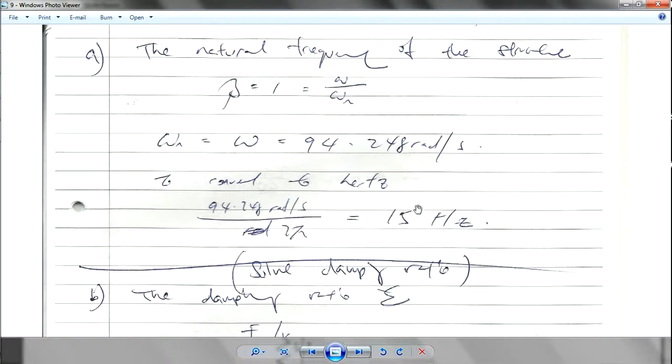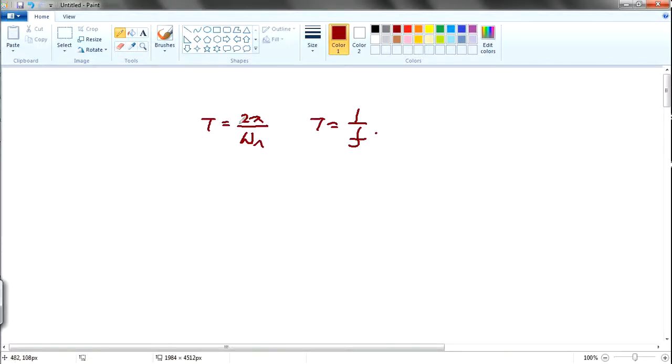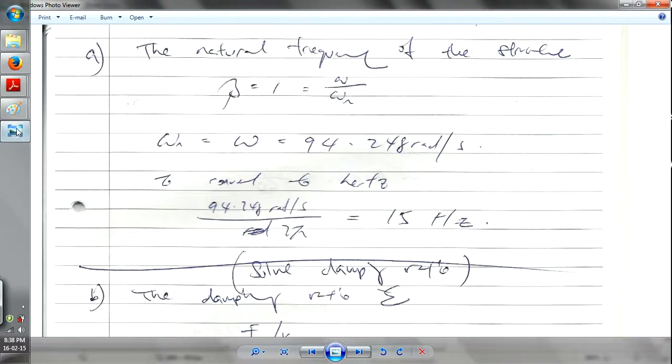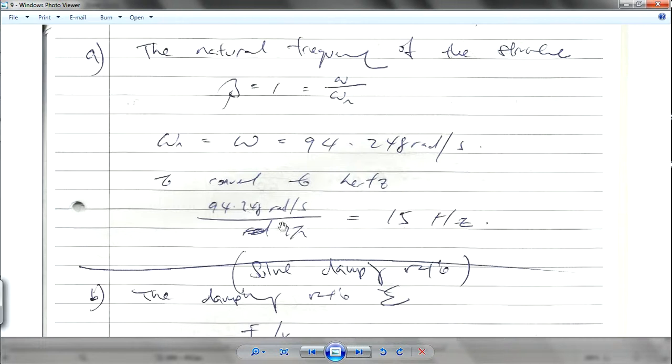The period can be represented by 2 pi over omega n, and also by 1 over f, so 1 over f is equal to 2 pi over omega n. Rearranging, the frequency is the natural frequency divided by 2 pi, which gives 15 hertz.